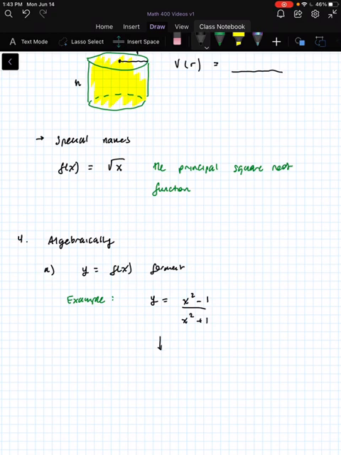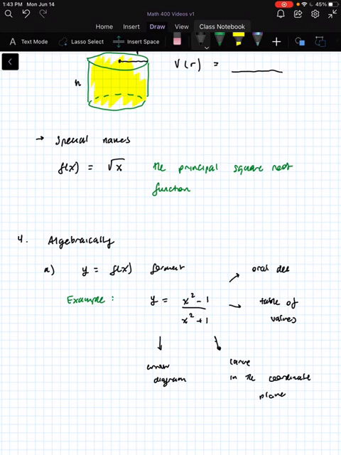This also gives us, so we can have an arrow diagram if we wanted, or we can obtain a curve in the coordinate plane, or we can obtain a table of values, or oral description, once we understand what the function actually is doing.